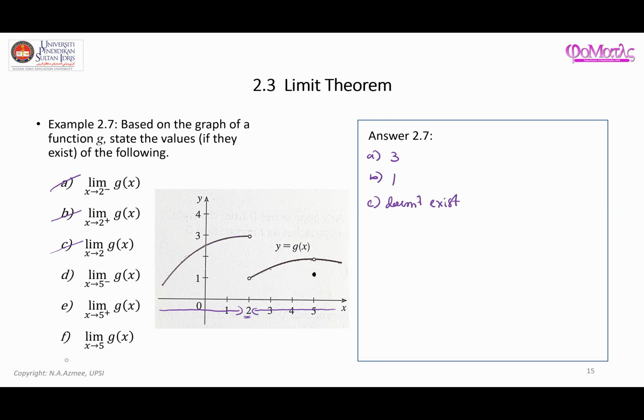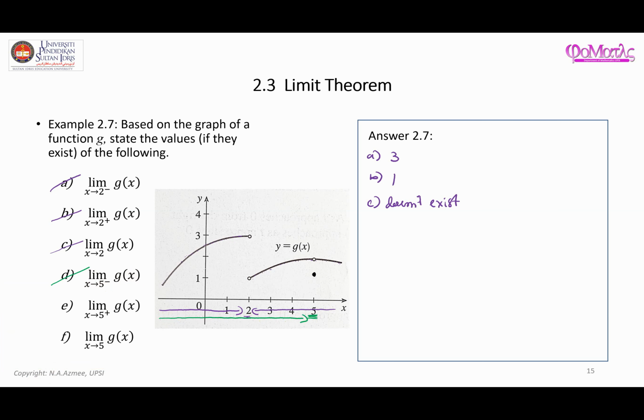The next example: what is the limiting value of this function when x approaches 5 from the left? This is the value of interest, and it comes to 5 from the left direction.